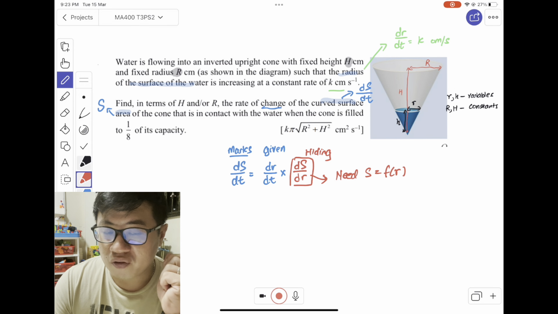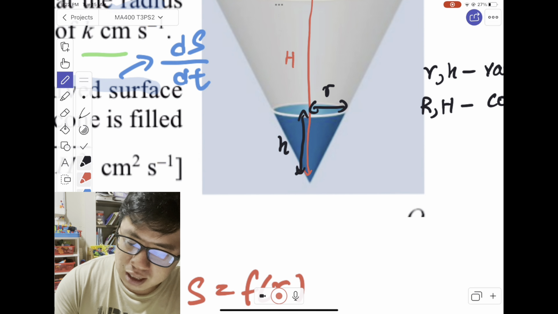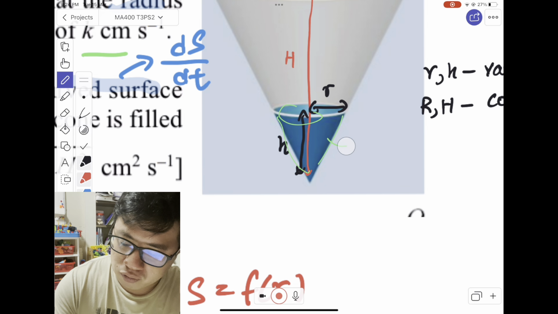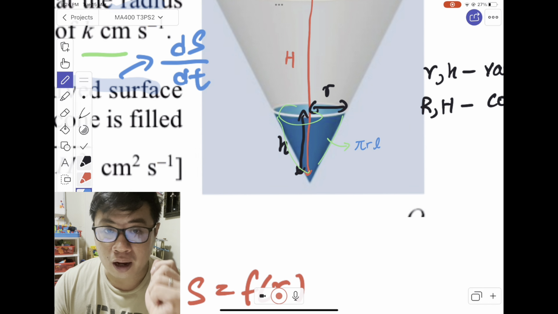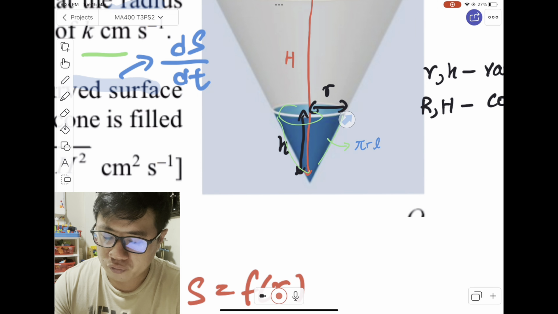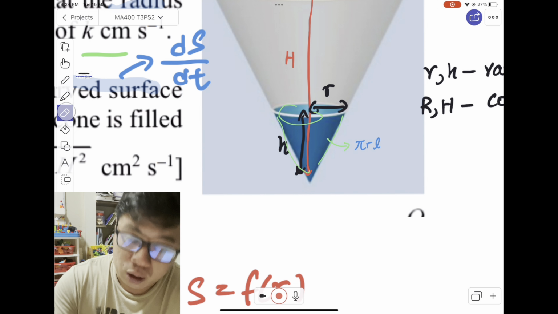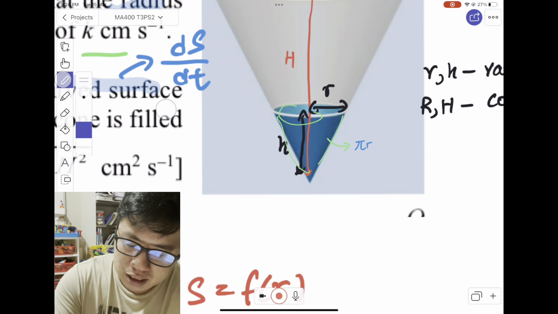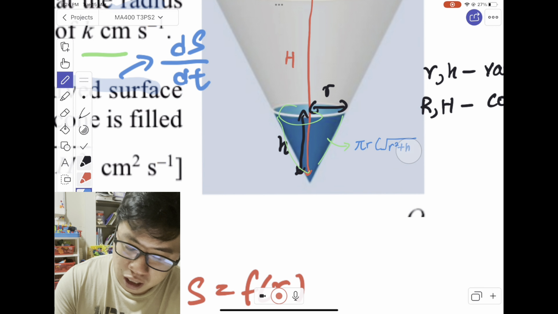So how do we find our surface area? The surface area for the cone, remember, is pi r l. If we go back to JH1 2 knowledge, the surface area of the cone is pi r l, where l is the slant height of the cone. By Pythagoras theorem, R square plus H square is equal to L square, so this L is the square root of R square plus H square.